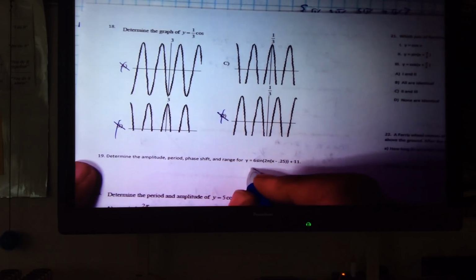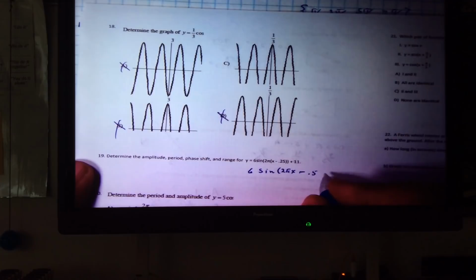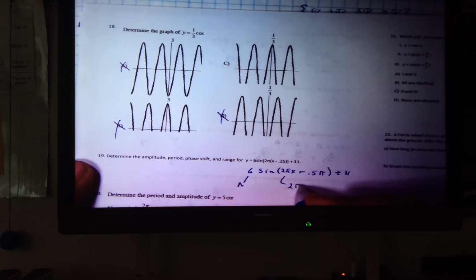Rewrite it this way: 6 sine of 2 pi x minus 0.5 pi plus 11. So this is your amplitude. Your period is 2 pi divided by 2 pi, which is 1.